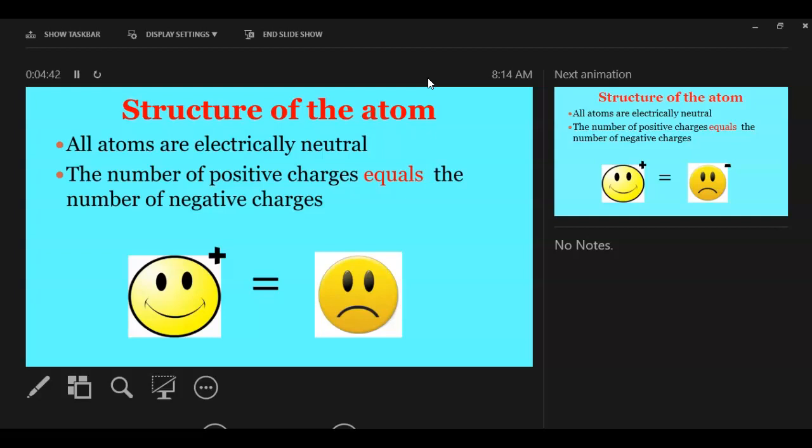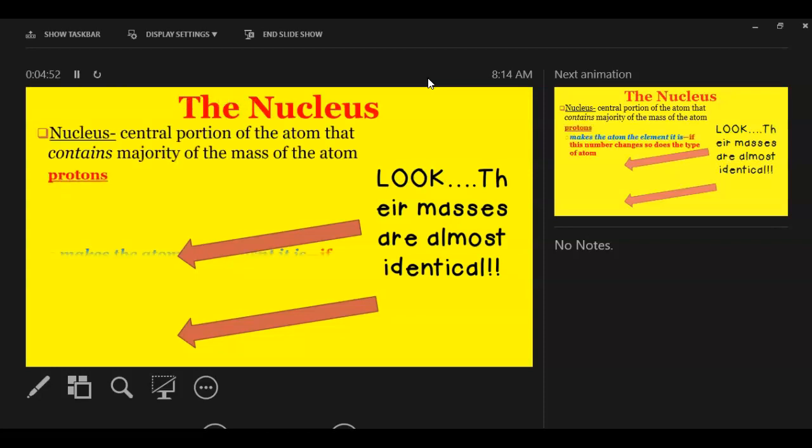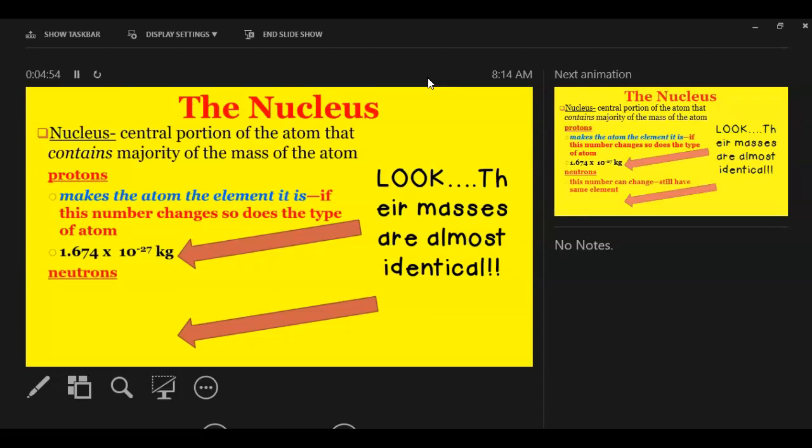Let's go ahead and start with the proton. Positive, negative, neutral. Which one would you guess? Protons are positive. Found inside of the nucleus. Protons make the atom unique.